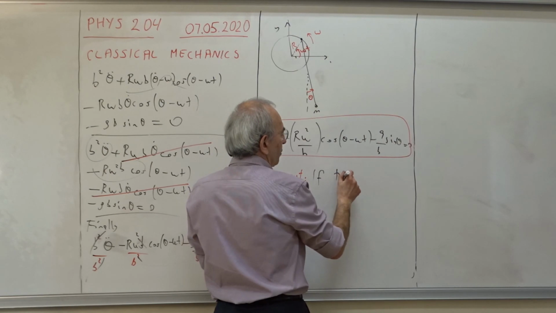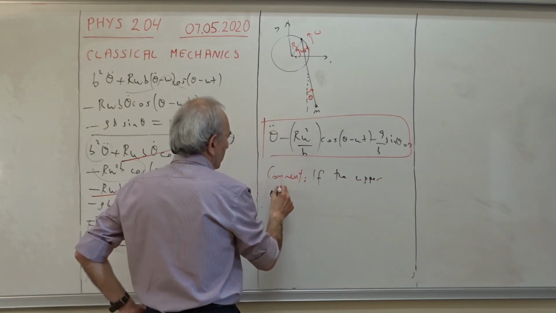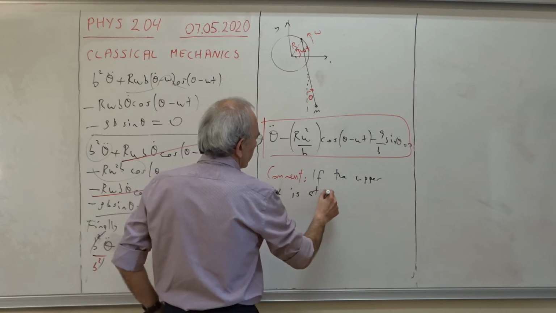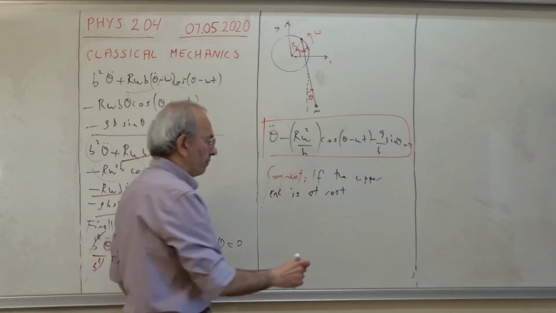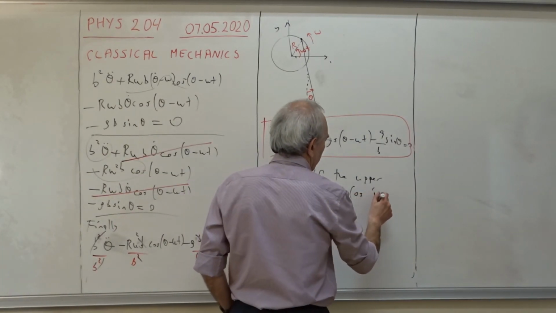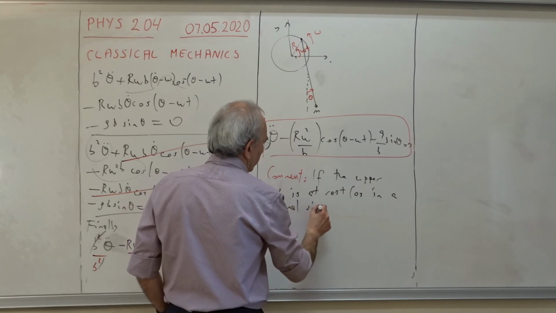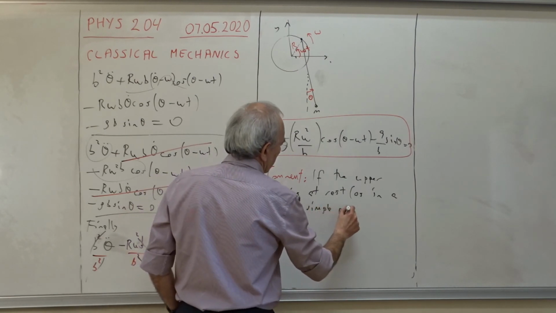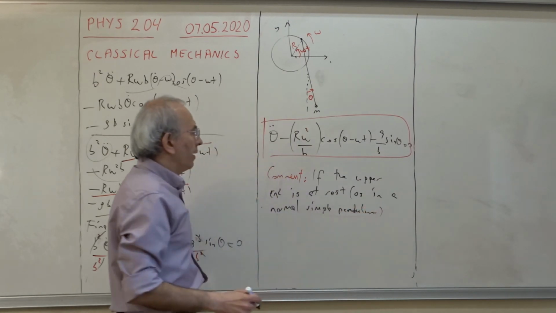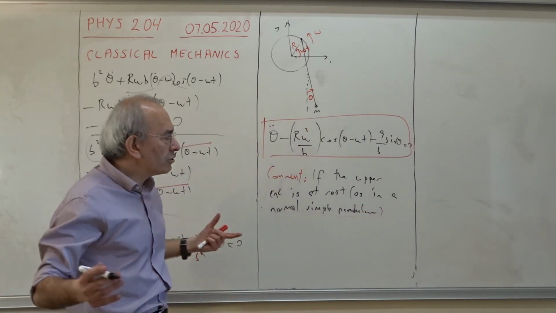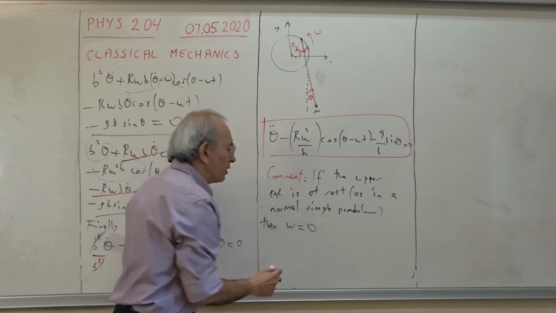If the upper end is at rest, as in a normal simple pendulum, so there is no omega, then omega turns out to be 0.